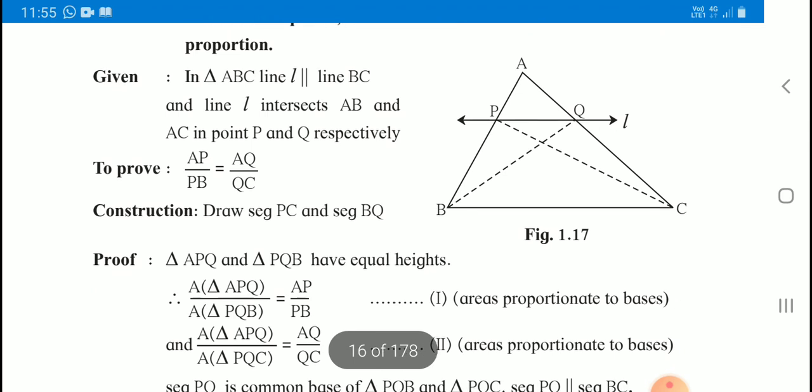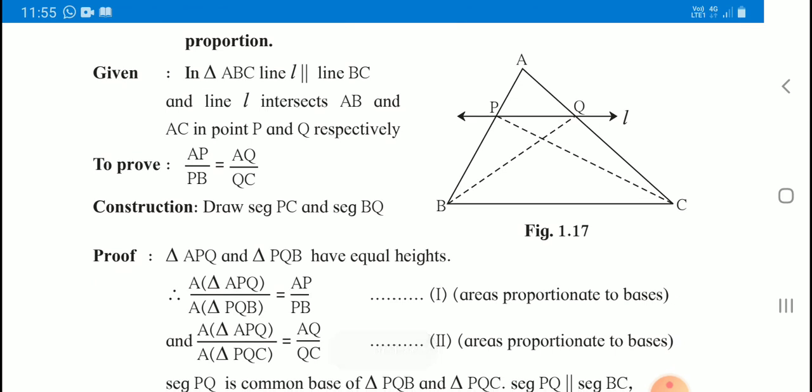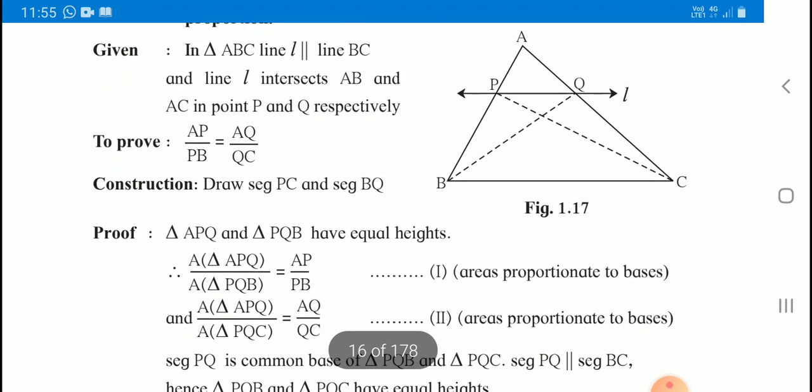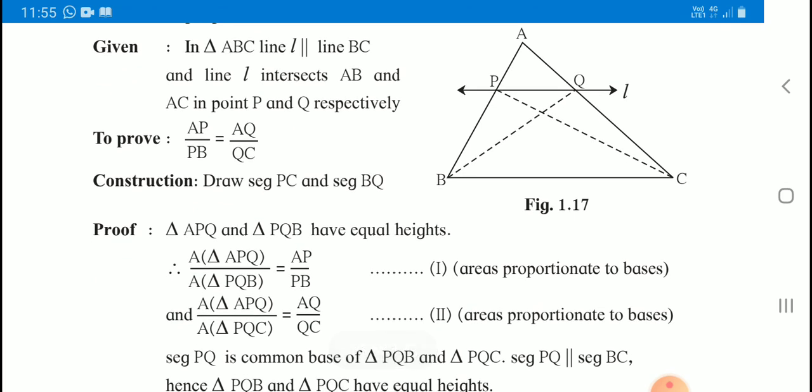These two triangles, if you see, have equal heights, that is height PQ. So we will write according to the ratio of the areas of two triangles: if heights are equal, then the areas are in the proportion of their bases.